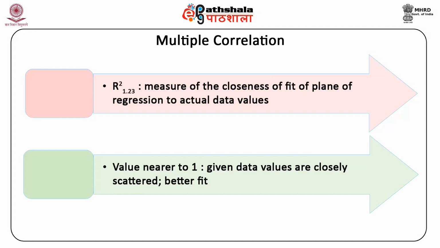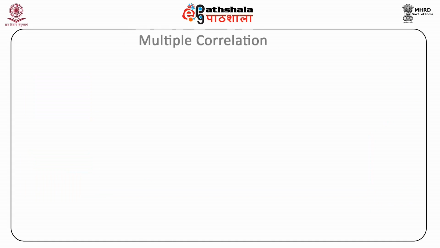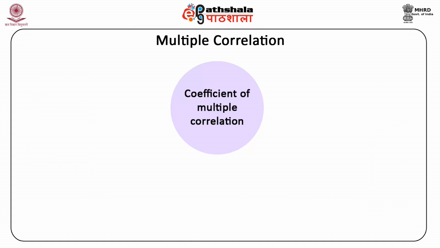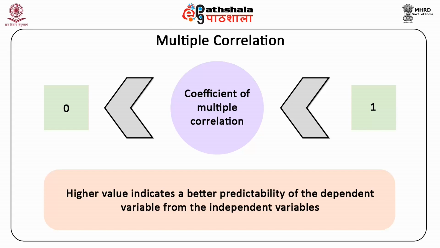Values of R square 1.23 nearer to 1 indicate that the given data values are closely scattered about the plane of regression and hence it is a better fit. The value of the coefficient of multiple correlation lies between 0 and 1, with a higher value indicating better predictability of the dependent variable from the independent variables.